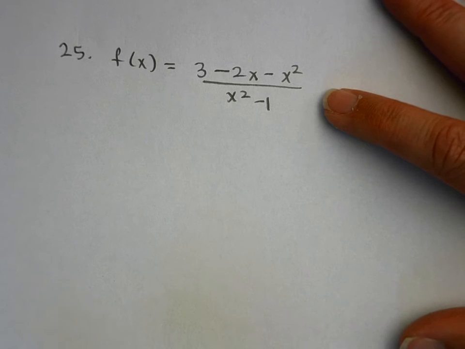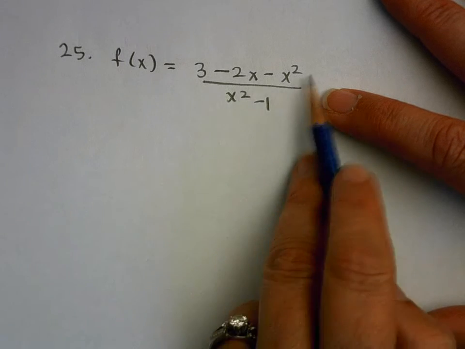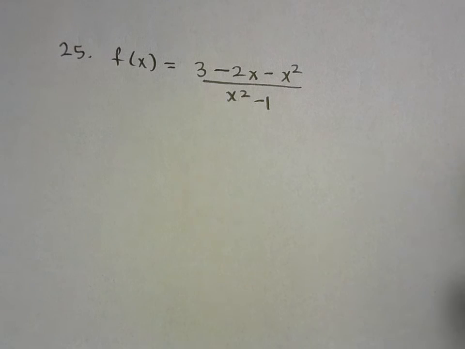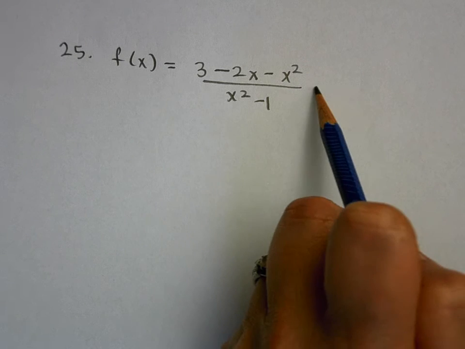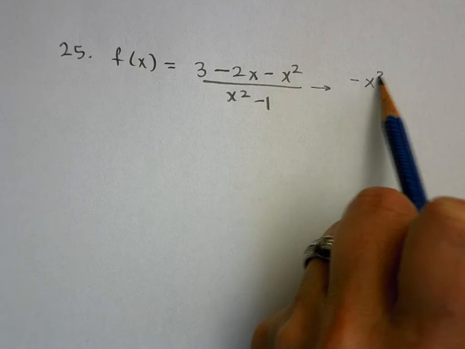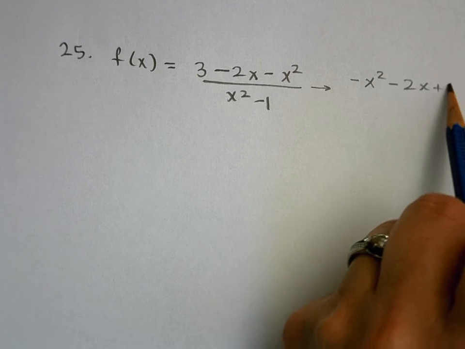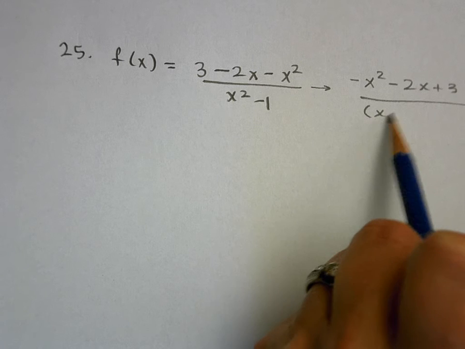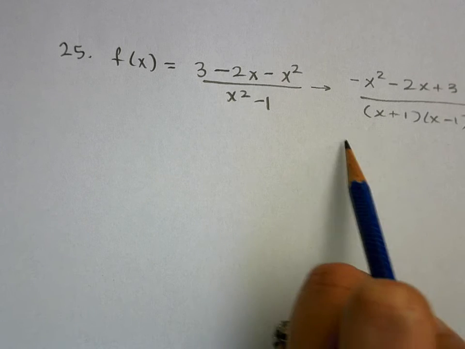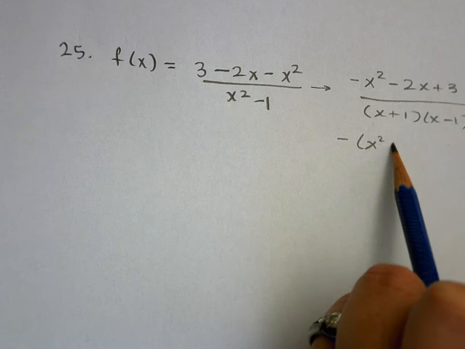So again, I want to do quotient rule. So one of the things I'm seeing here is these are both quadratic, and I think I can factor and reduce that. I don't need to, but it looks like I can. So one way to attack this problem, I'm going to rewrite it. Take a negative out of the numerator.